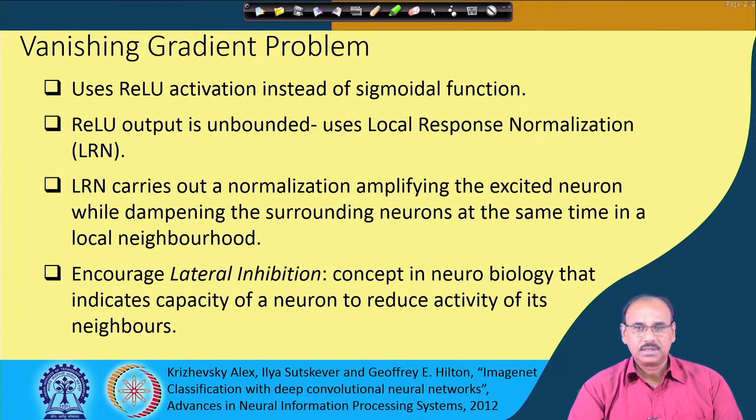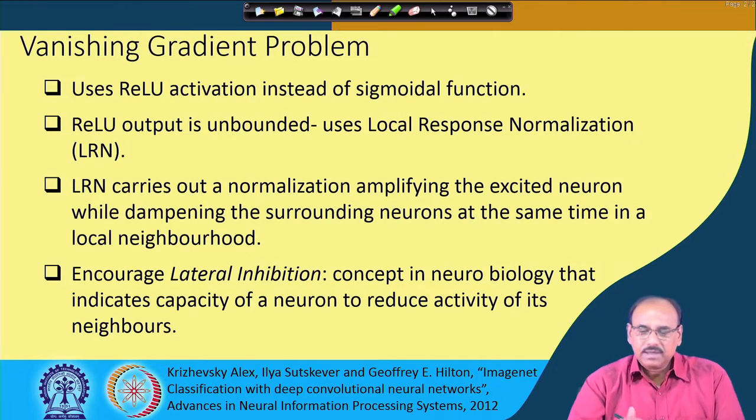That means as you are training the network with the gradient descent procedure, the gradient of the error function may become too small, so that when you update the network parameters using that gradient, the update becomes almost negligible because the gradient itself is very small. That is the vanishing gradient problem.